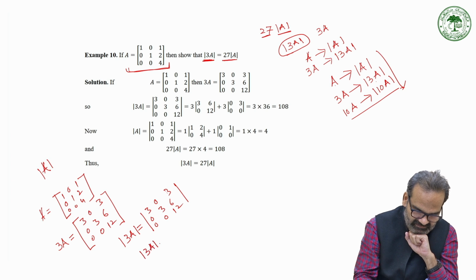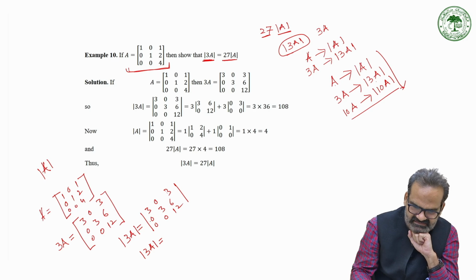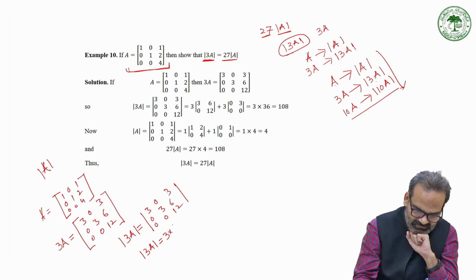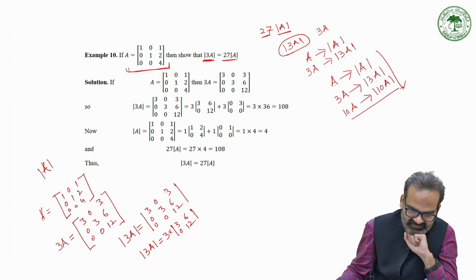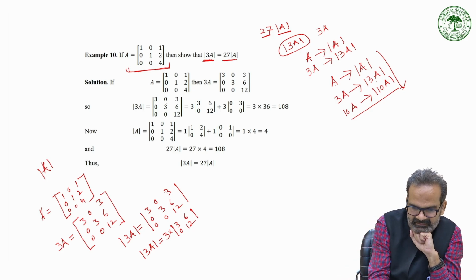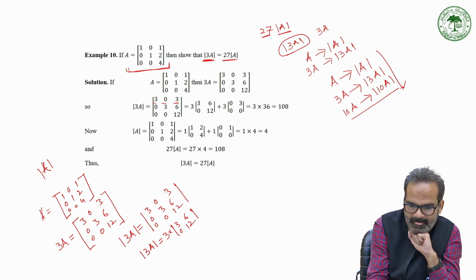The determinant of 3A is equal to, expand it along either the first row or first column, 3, and what you will get here, into this row, this column, 3, 6, 0 and 12, right? So what is the value of this? 3, 6, 0, 12 plus this is 3, this is 0 and this is 3, right?